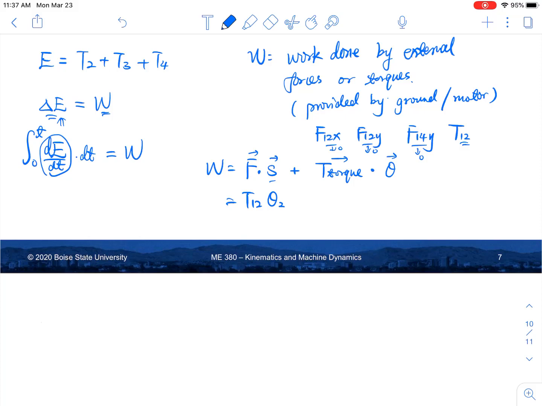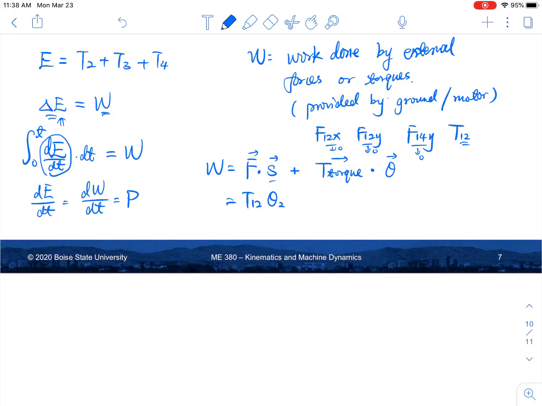It's really hard to have integration in your equation. So that's why we usually do time derivatives on both sides. You can take the integration out, and on the right hand side is dW/dt, and the time changing rate of your work is actually the power, right?